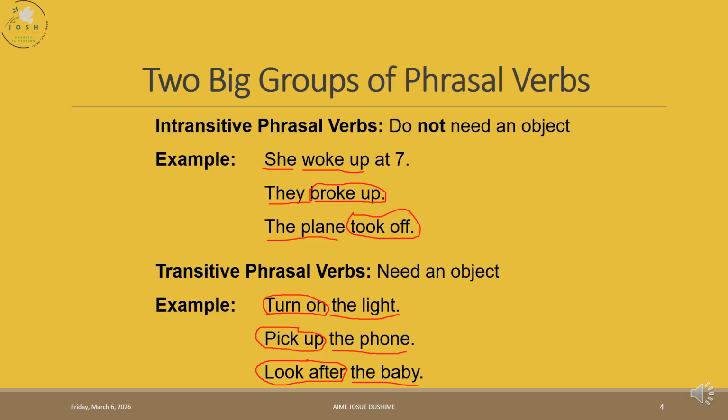Do you mean a phone? A computer? A light? A torch? Or turn off, turn off what? Pick up, what should I pick up? The phone? The stone? You need to be specific and add an object for a transitive phrasal verb to be clearly understood.